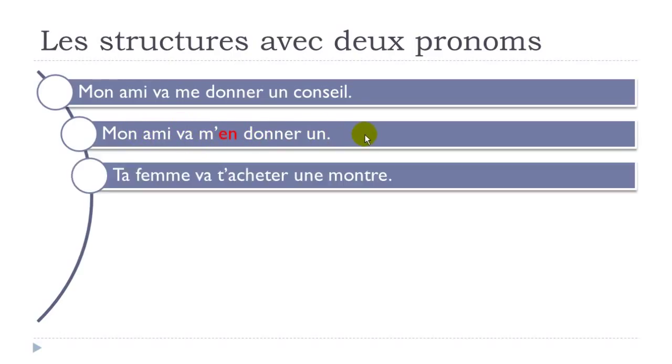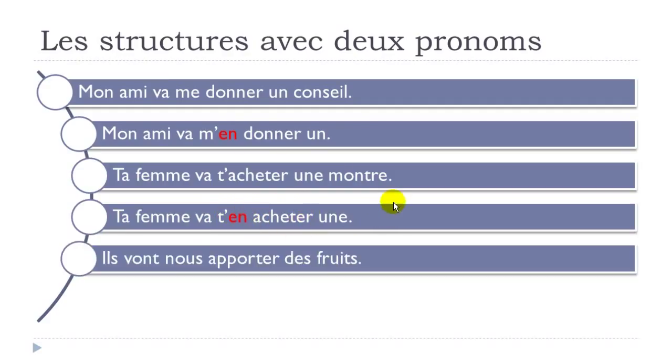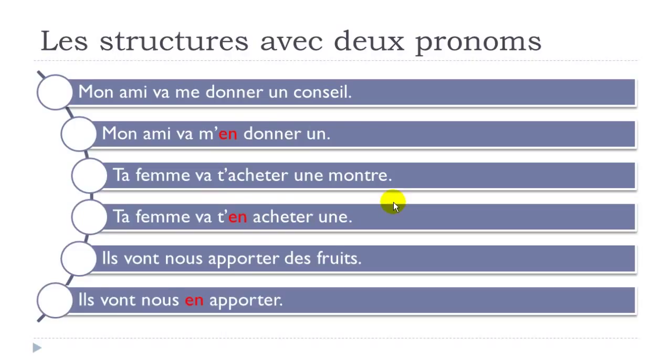All right. Ta femme va t'acheter une montre. Exactly the same rule. Ta femme va, so you've got first your verb here, then te, but then e is going away, en, and the second verb, acheter une. All right. Ils vont nous apporter des fruits. Ils vont nous en apporter. Okay, so that's the only thing that you should remember.